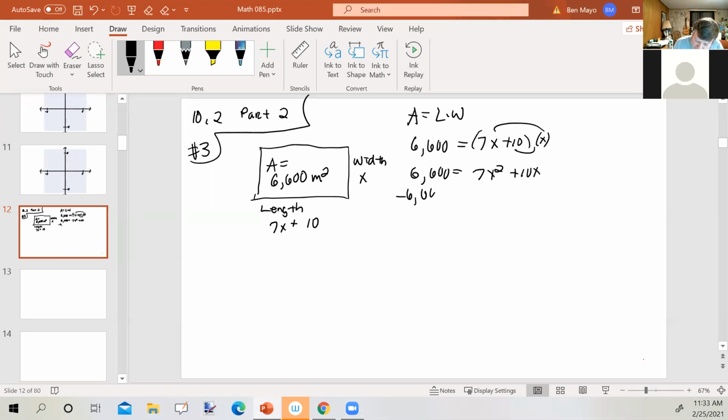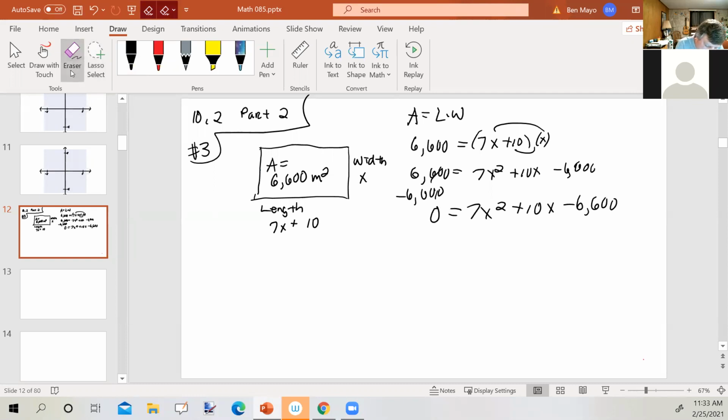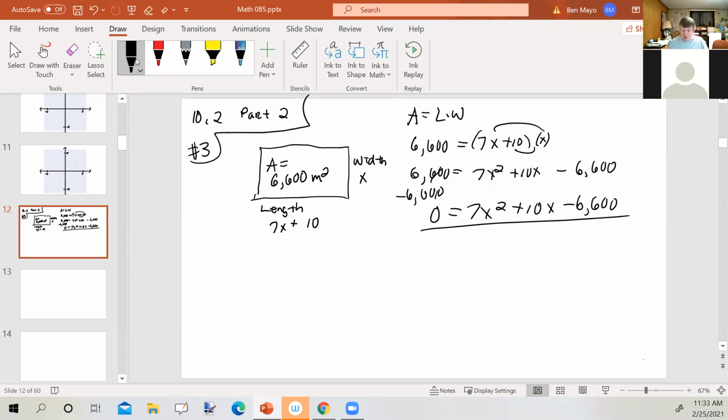I'm going to subtract 6,600 from both sides of the equation. So I get 0 equals 7x squared plus 10x minus 6,600. Let's see if I can write that a little bit more legibly. 6,600. Okay, so here's our equation.